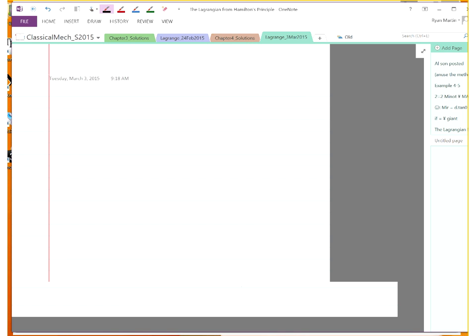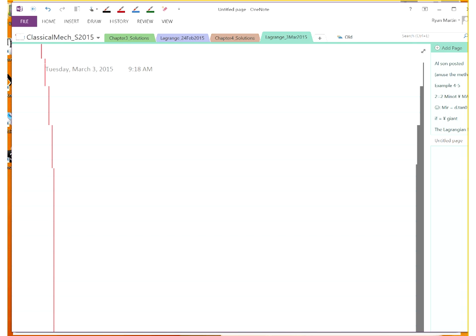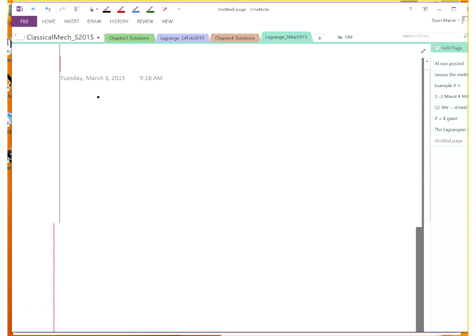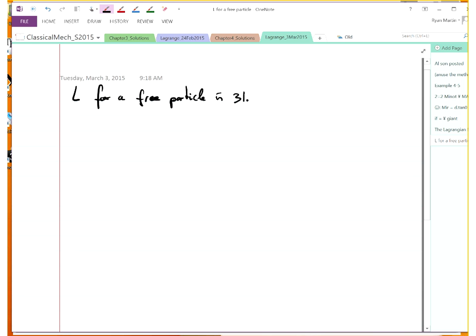So it's a little bit difficult to show this in general for when L equals T minus V. So I'm going to run through the argument for a free particle. So let's look at L for a free particle in 3D space.